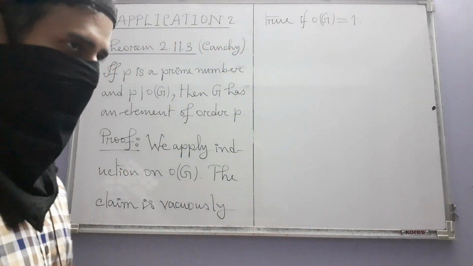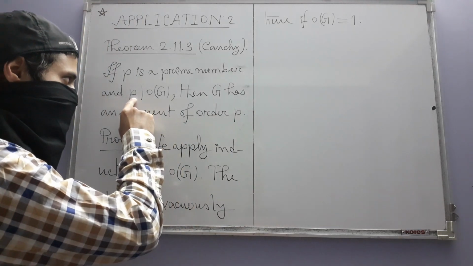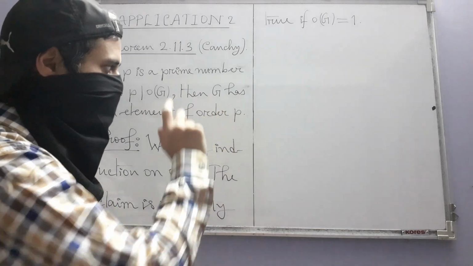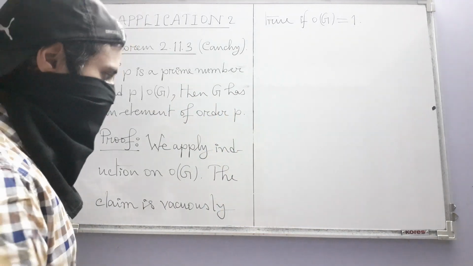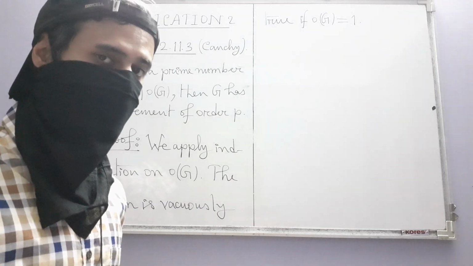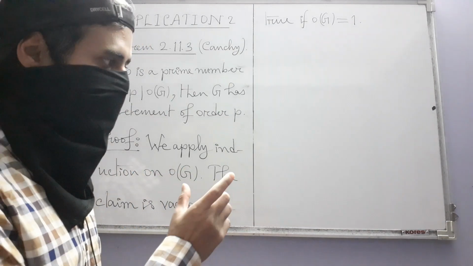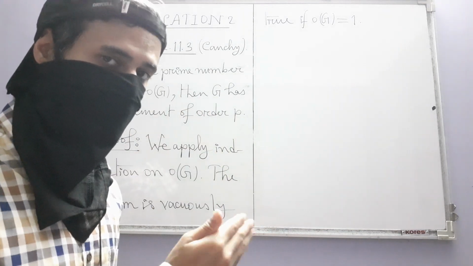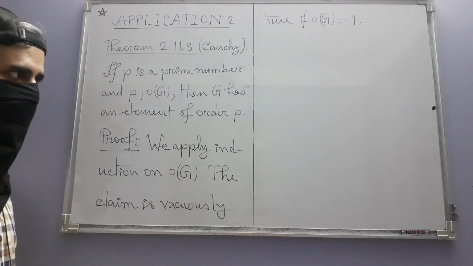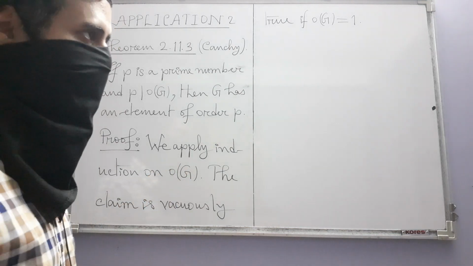Note that the claim is after all an implication. If P is a prime dividing the order of G, then G has an element of order P. So when the order of G is 1, no prime divides the order. So the implication in this case has a hypothesis, that is P dividing 1, which is false. So that's why the implication is vacuously true, and this is the basis for our induction.